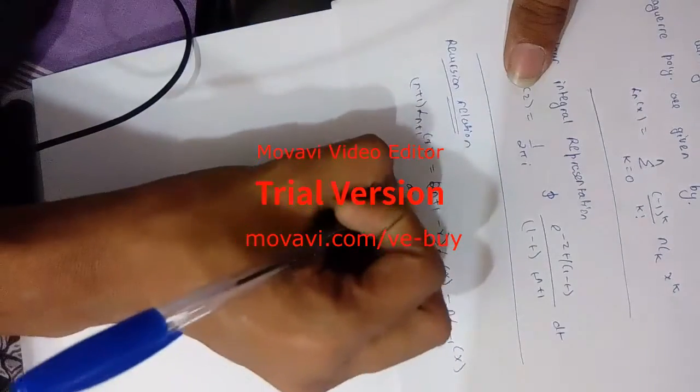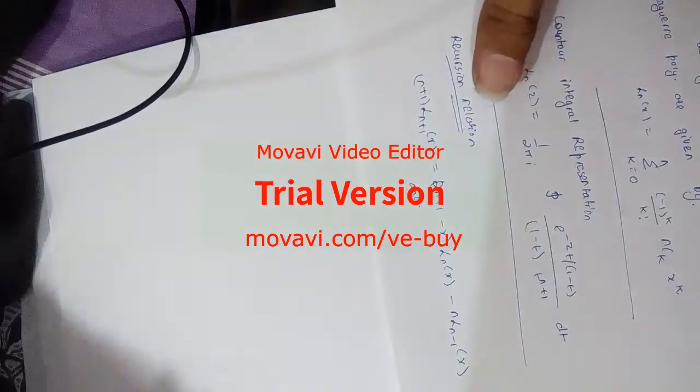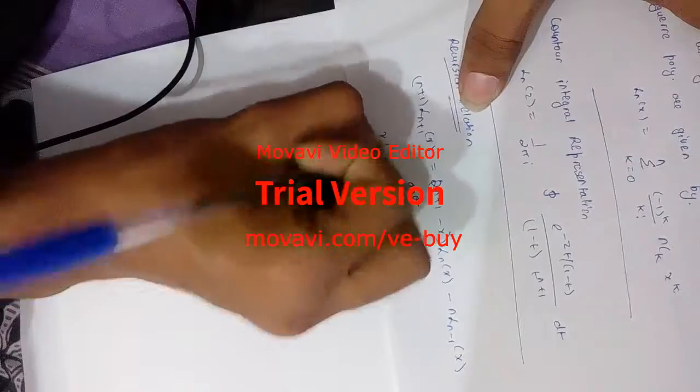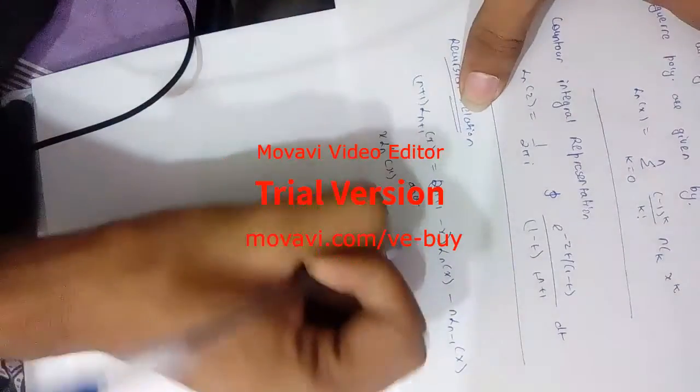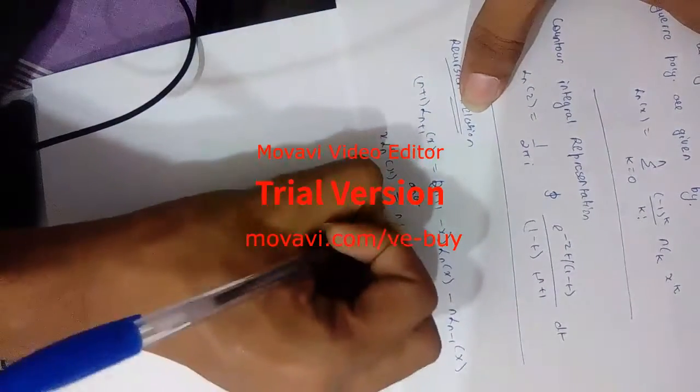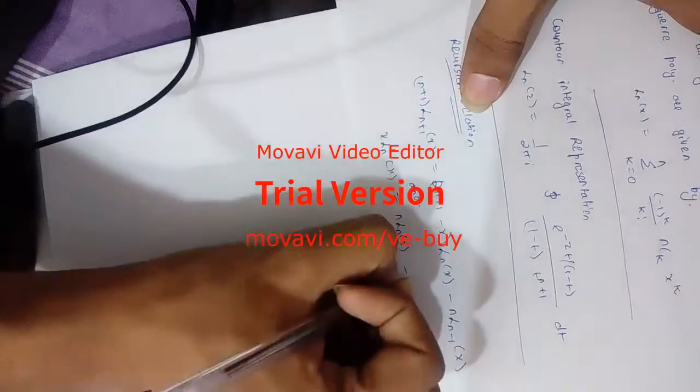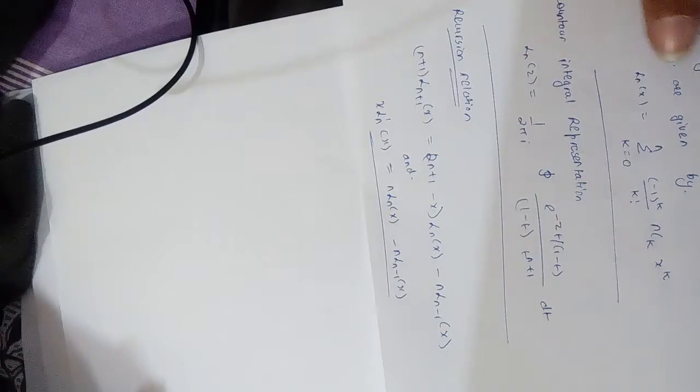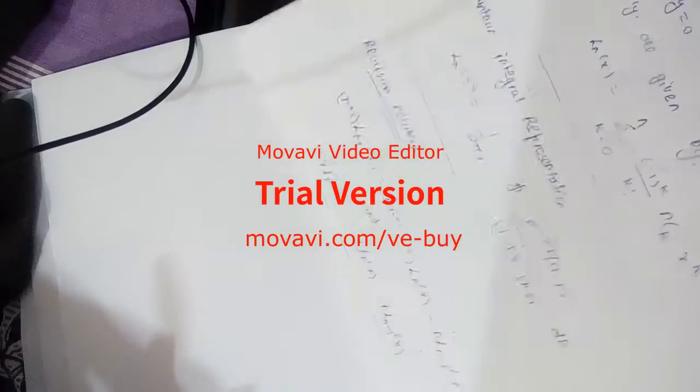There is also another form of recursive relation for Laguerre polynomials, which looks like x Ln dash x equals n Ln x minus n Ln minus 1 x. These are the two recursive relations which Laguerre polynomials satisfy.